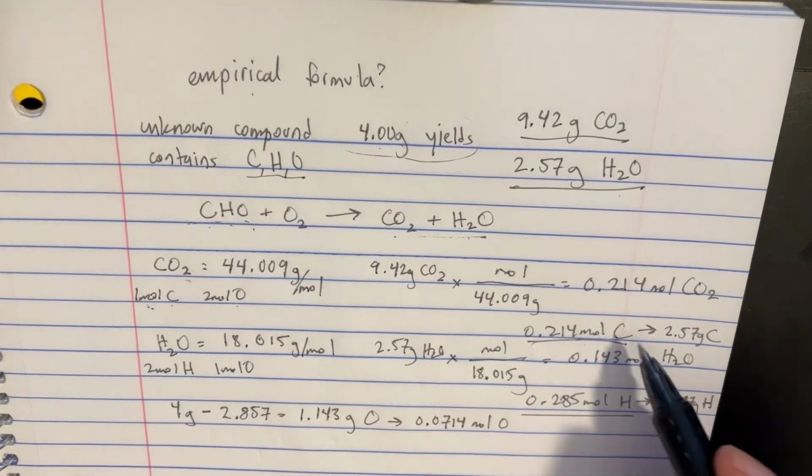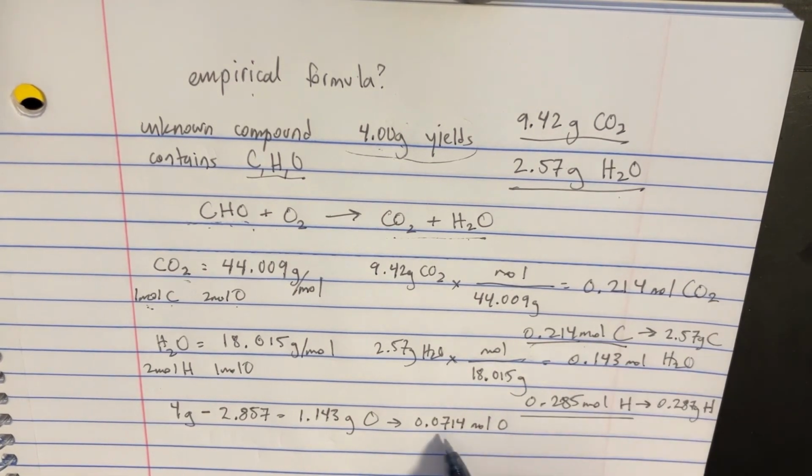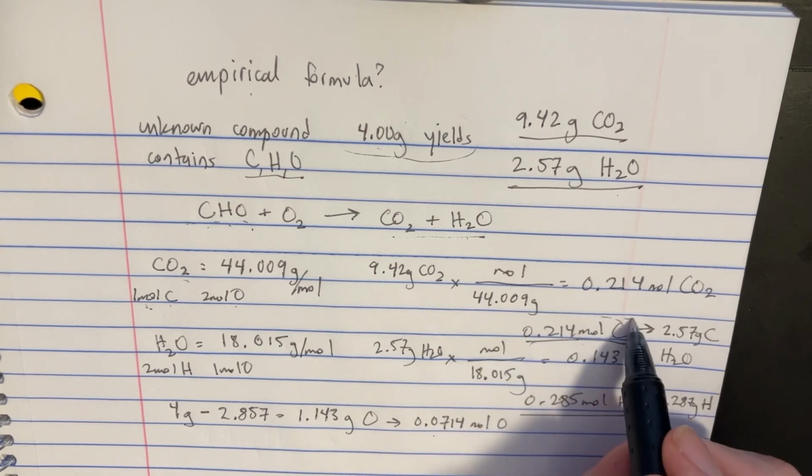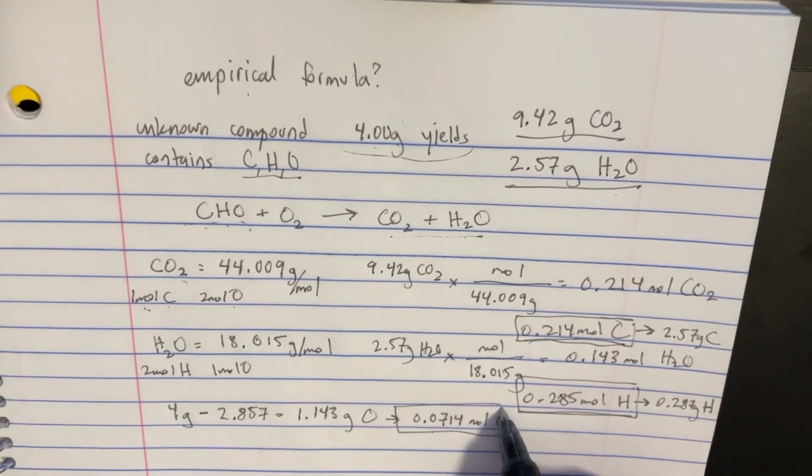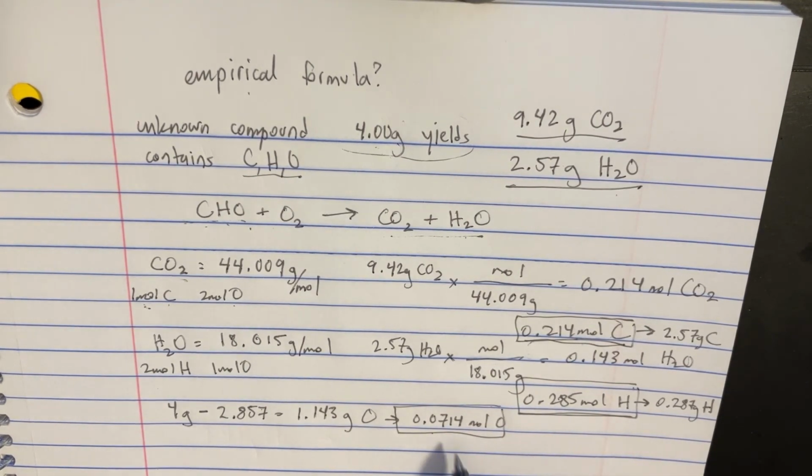Now we can go back and divide all of our moles, so the moles of C, the moles of H, and the moles of O, by the least number that we have here, which is this one. This is the smallest number, so let's divide everything by that.